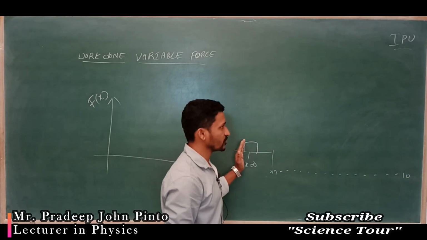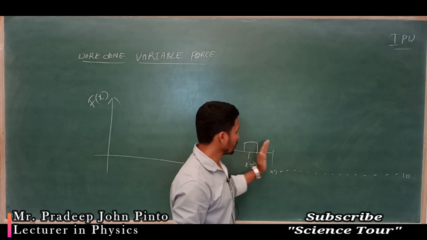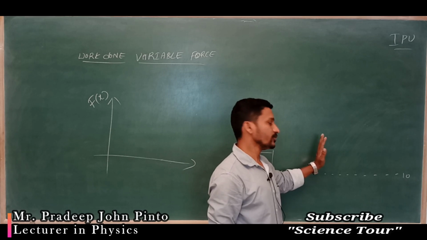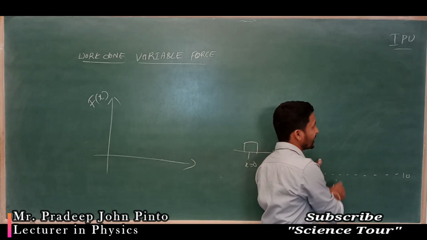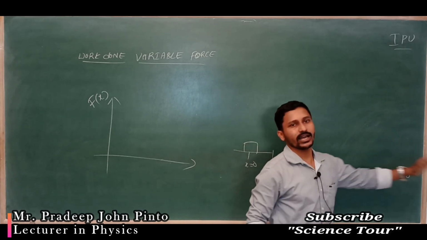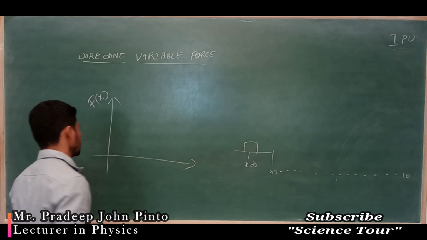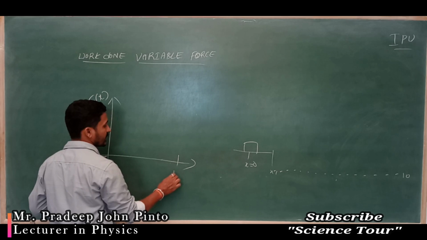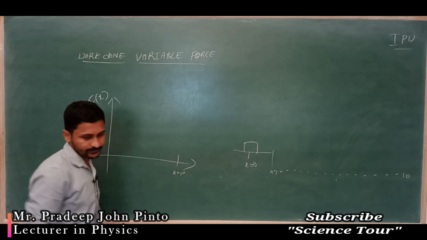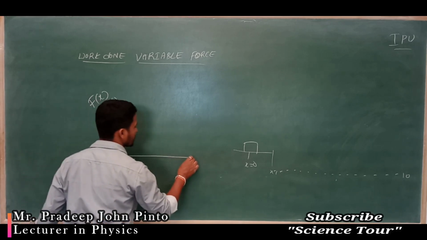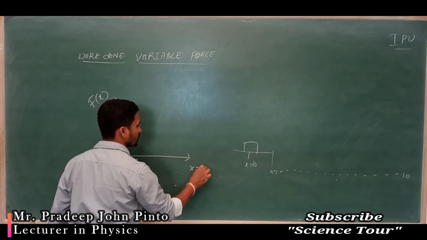From x equal to 0 to 1, 2 Newton I apply. 1 to 2, 3 Newton. 3 to 4, 5 Newton. 5 to 6, 10 Newton. Less, more, like that, a variable force. Force varies with respect to the displacement. Then x is equal to 10, x in meters.